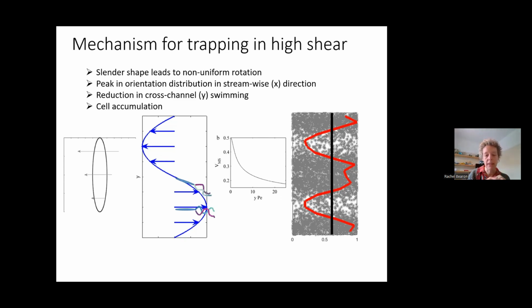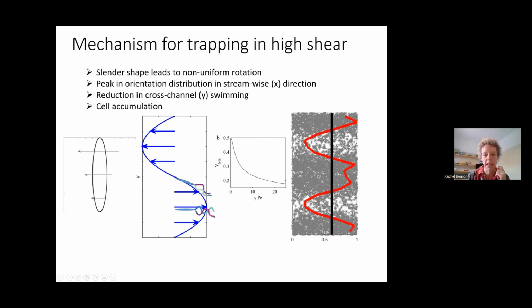If the cells were not active, if they weren't swimming, you would just get a uniform distribution of cells. They wouldn't generate these accumulations. But because they're swimming, because they're crossing streamlines, you end up getting these accumulations.